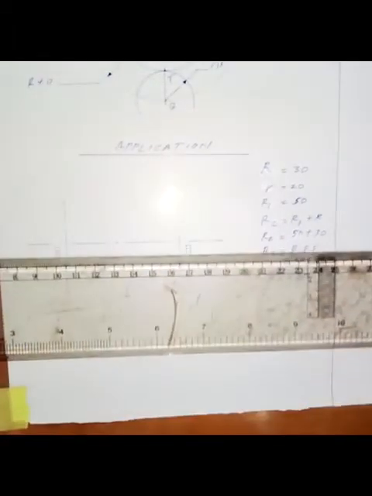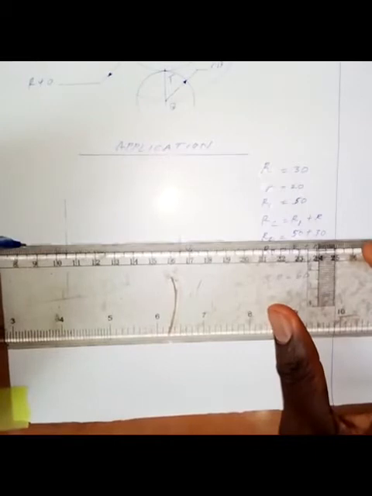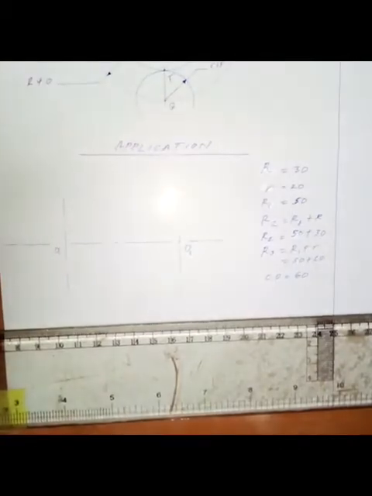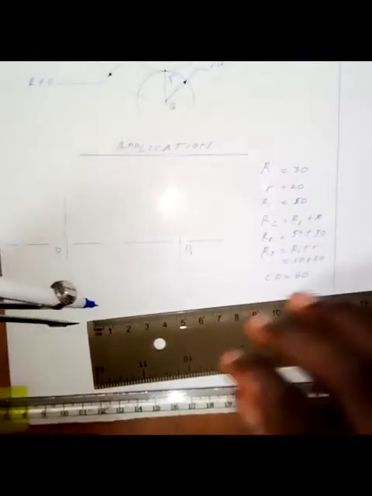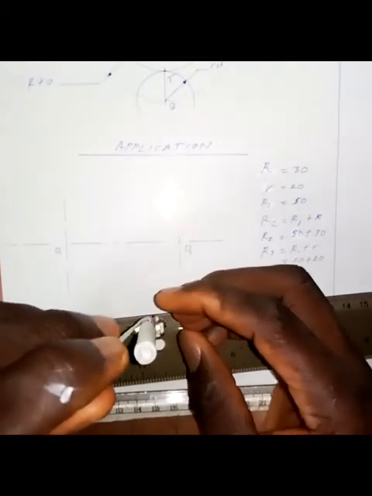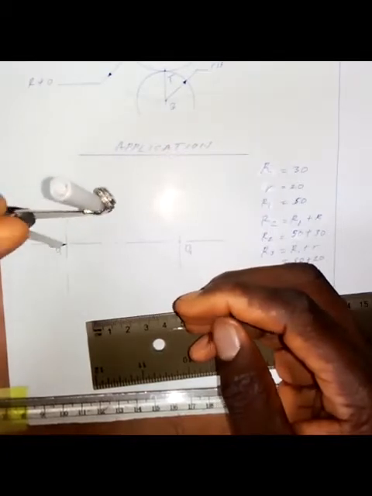Okay, let me extend this a little bit. The next thing I'm going to do here is take a radius of 30. So I put it at this point and draw a circle.